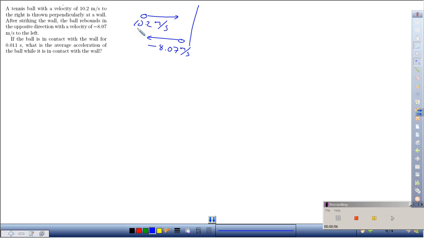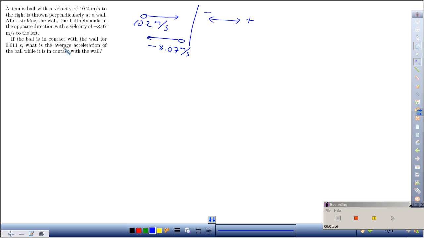Now, what's tricky here is that this is where velocity and speed are finally coming into play. Since these are vectors and this one's pointing to the right and this one's pointing to the left, what this tells you is that to the right is positive and to the left is negative. So we need to take these directions into account as we do this.